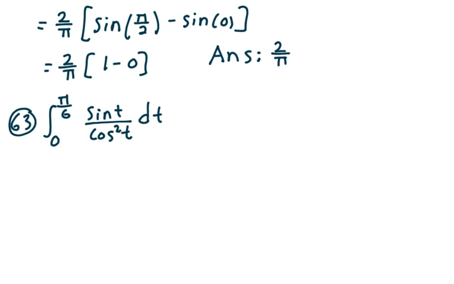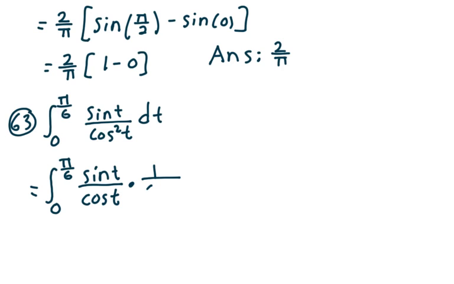Now, this one's a bit interesting because I'm going to rewrite this integral. So I'm going to make this sine of t divided by cosine of t times 1 divided by cosine of t.